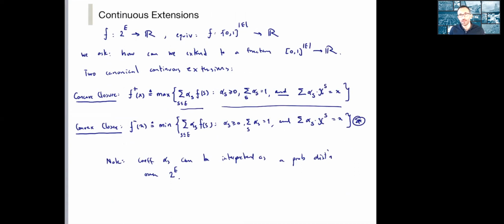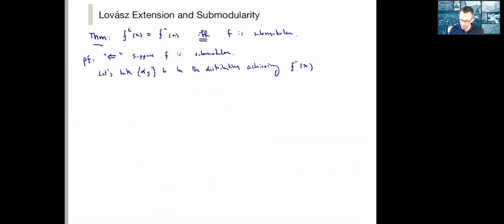But in the event that there is more than one of these, let's also choose the one that maximizes the sum of alpha s times the cardinality of s squared.